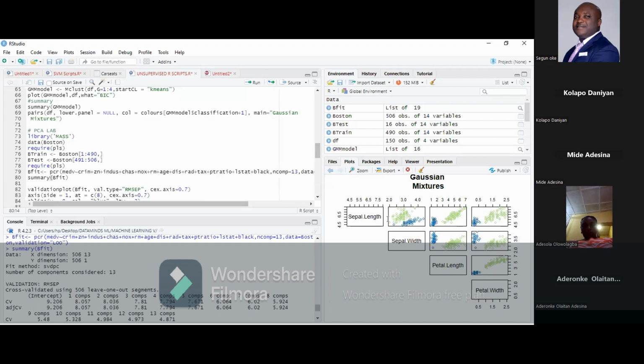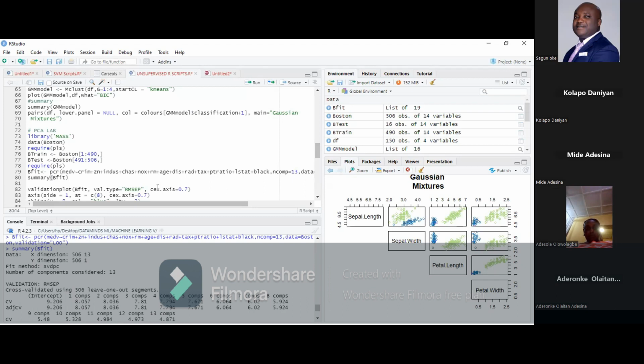All right. Now, starting from the principal component analysis, the library required for that is MASS. Inside MASS, we have a data set called Boston, which is about owner-occupied homes and the other variables.